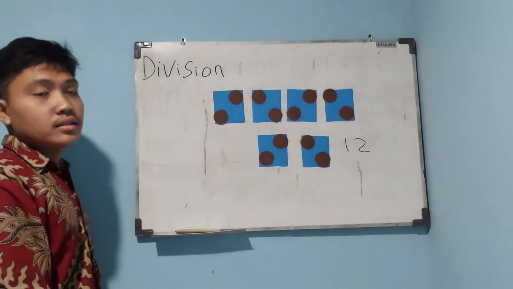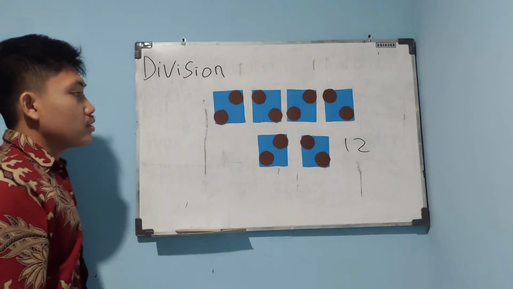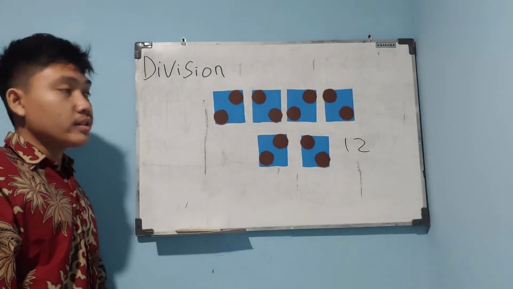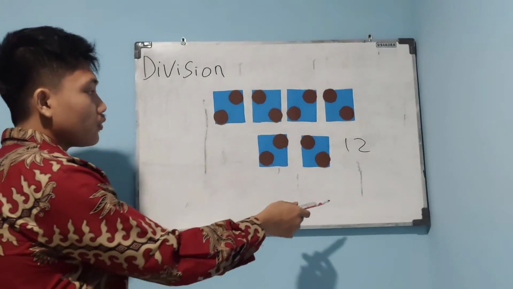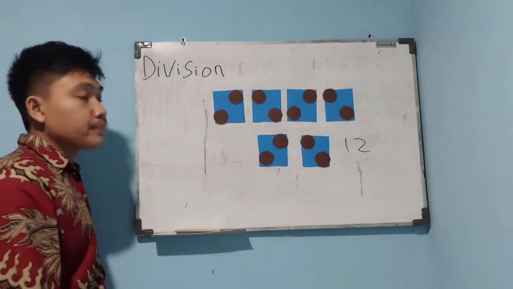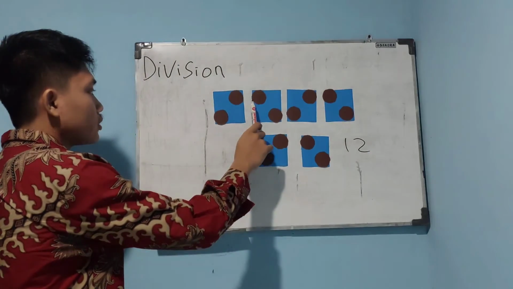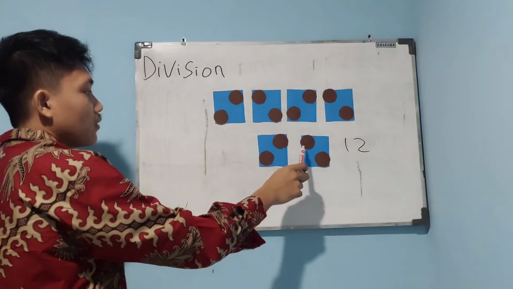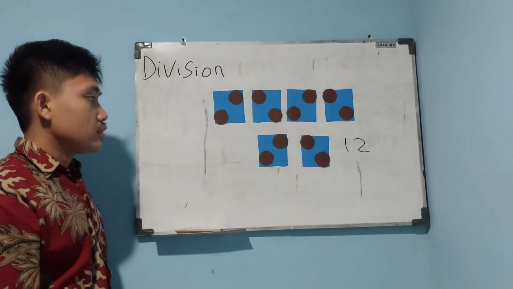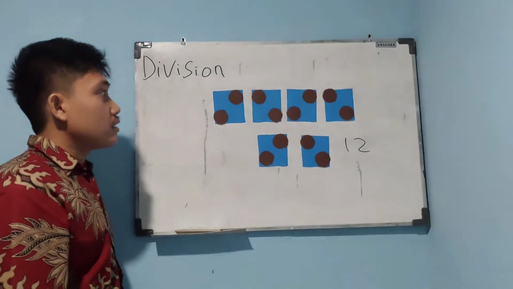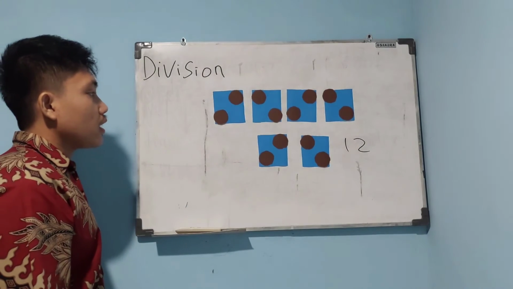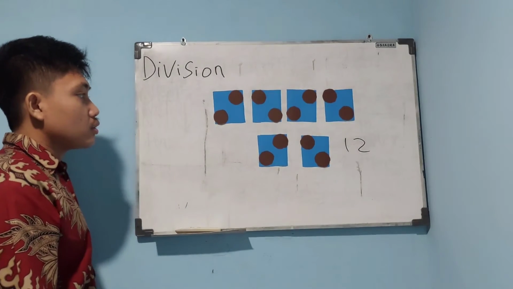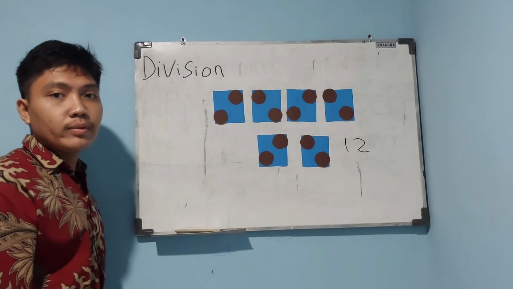And the last is division. On the whiteboard, as you can see, there are 12 cookies. Let's count: 1, 2, 3, 4, 5, 6, 7, 8, 9, 10, 11, 12. In division we can divide these cookies among other people.